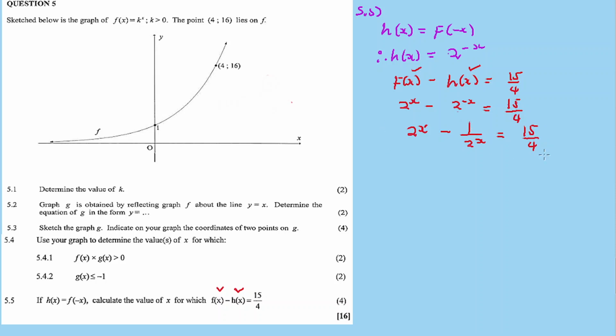Now, to solve with fractions, I need the LCD. The LCD or the LCM is equal to 2 raised to exponent x times 4.